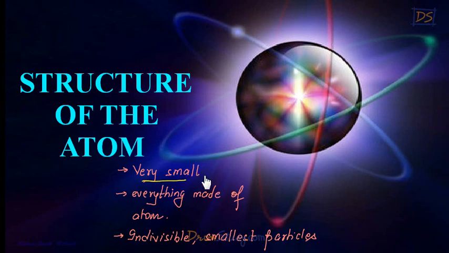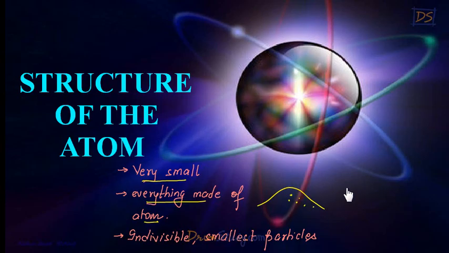They are so small in size, students, that we cannot see them by our naked eyes. Right, students? Then everything is made up of atoms. Everything around us is made up of atoms. These huge mountains which you see are made up of tiny atoms.